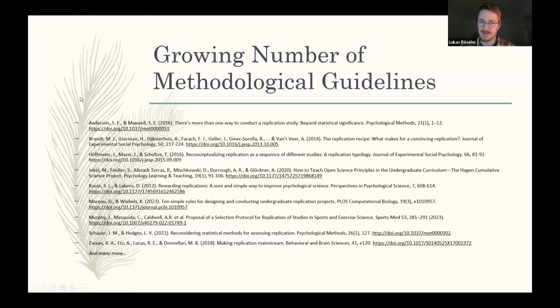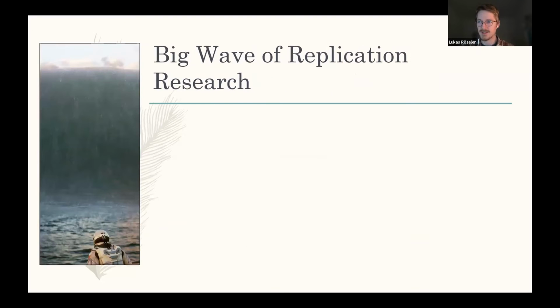And so there's a growing number of methodological guidelines, and with all these new studies and discussions, it's very difficult to keep track, and it's very overwhelming. So I argue that this is not a pile or a mountain of replication research, but this is a first wave of findings and discussions that is coming at us.